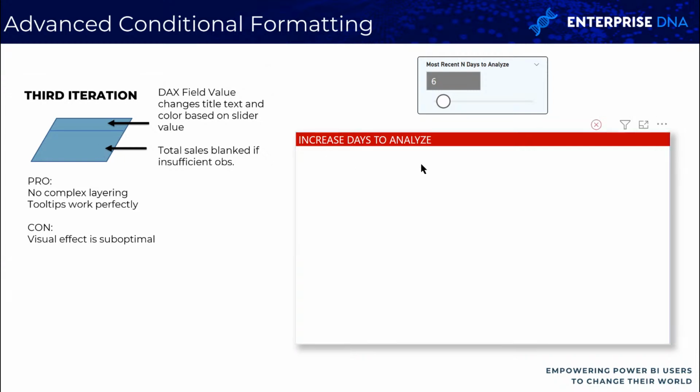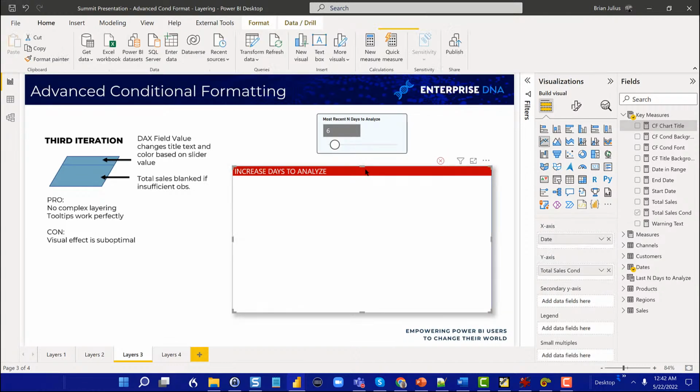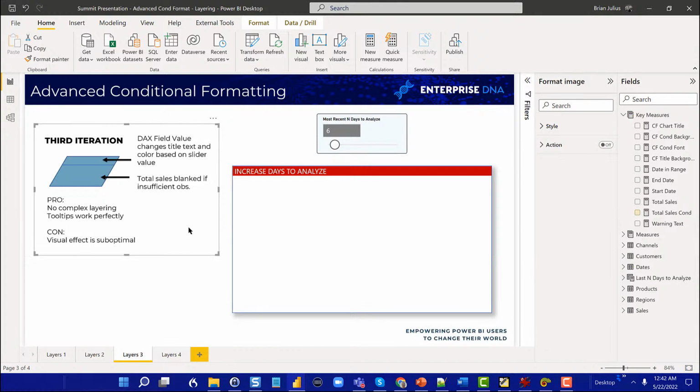And I'll show you how this works. On the chart title and the chart title background, he just had, again, if it was above the threshold, the regular title, and below the threshold, he used that as the warning message. So very clever approach.